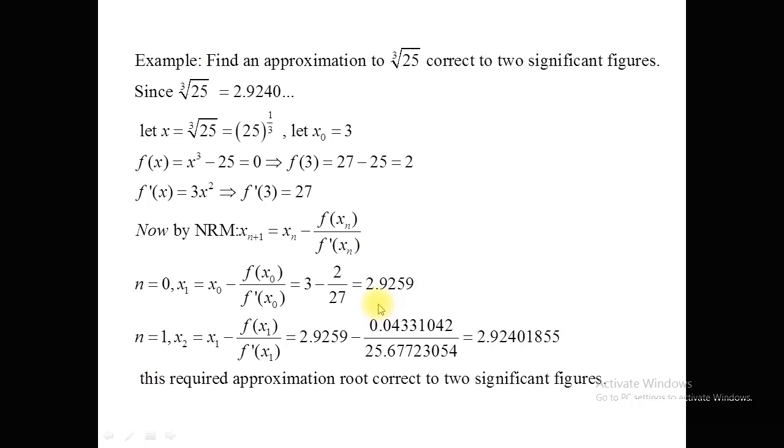Since in the first root x1 we have two digits after the decimal, 9 and 2, and in the second approximate root we also have the same two digits after the decimal, 9 2. So in these two successive roots, two digits after the decimal point are repeated, 9 2 and 9 2. So we stop the procedure here, and x2 is the required root correct to two significant figures.